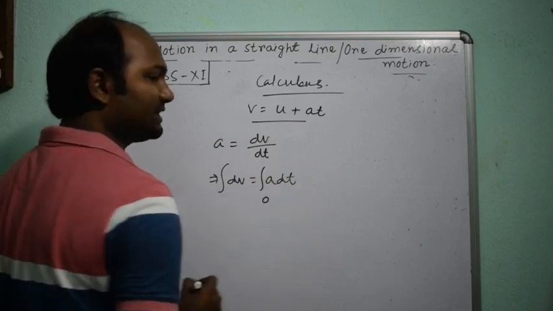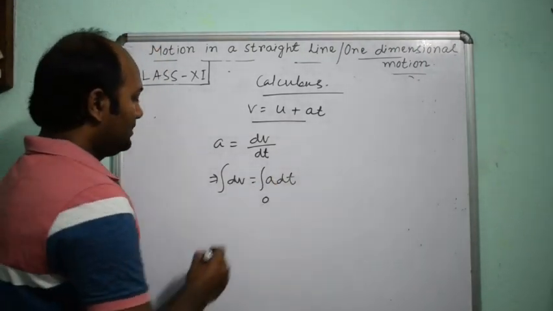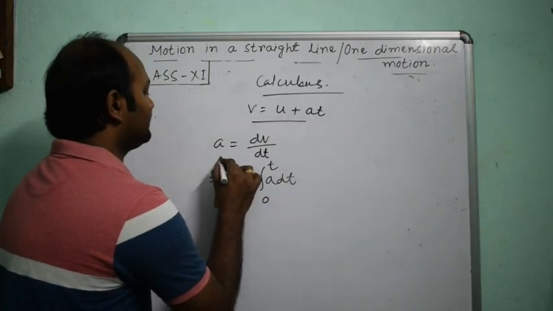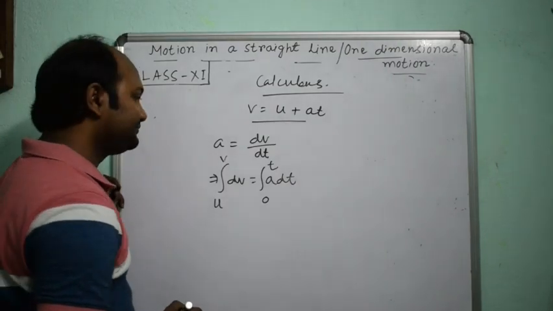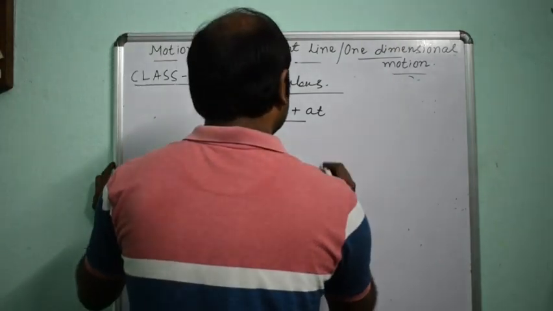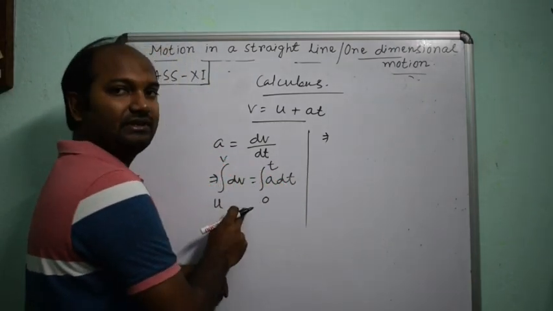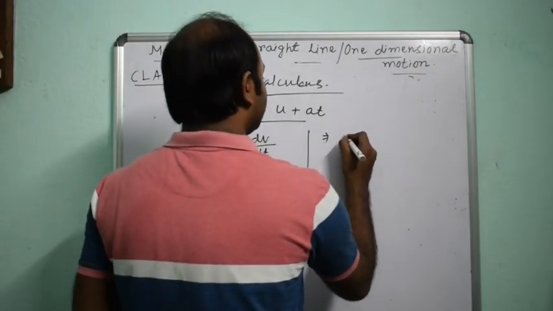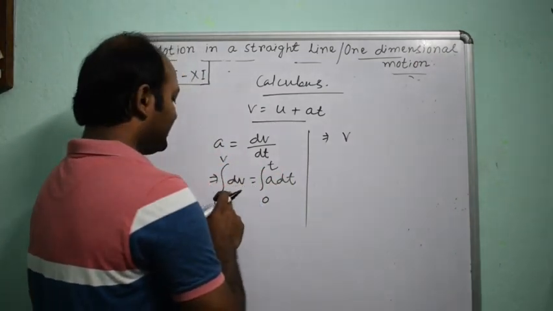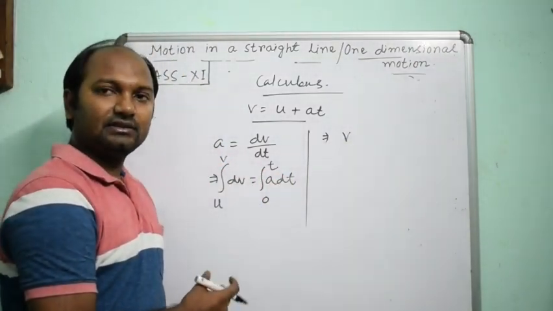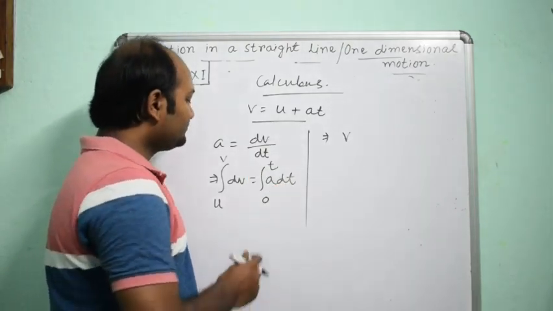When time is 0 second, initial velocity u, after t second its velocity becomes v. So the integration of dv is v. When you learn the calculus portion of mathematics, then it will be easy.